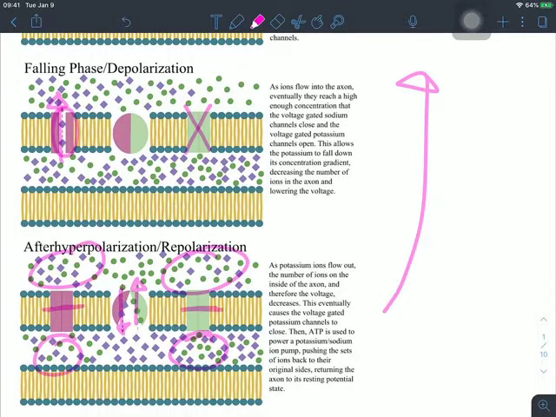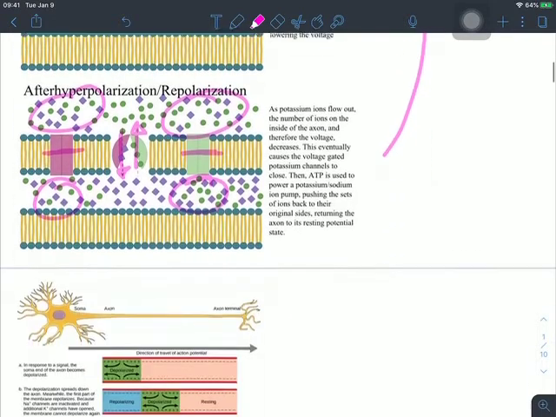So all of our signal sending today is going to rely on the same kind of ion transport that we see in the basic neuron.